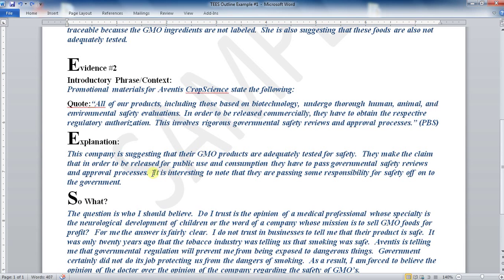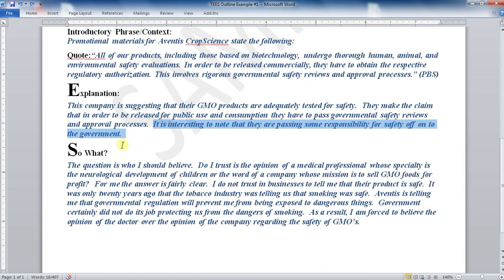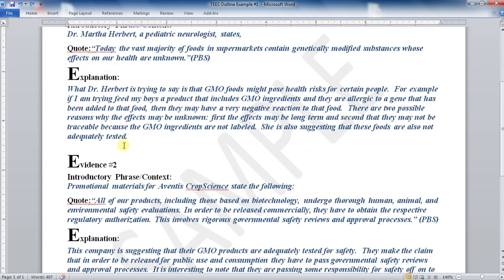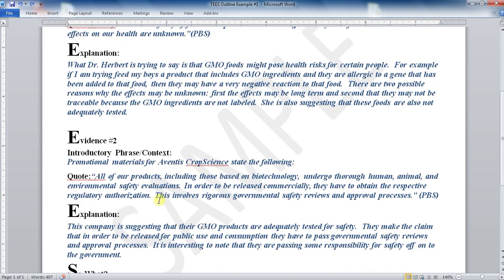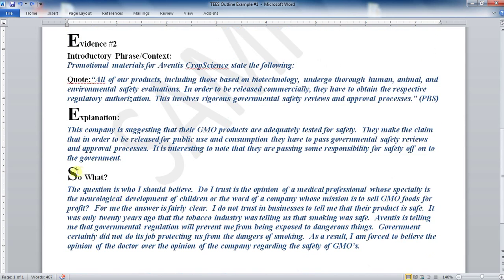And then the last piece of my explanation is my sort of commentary on it. It's interesting to note that they are passing some responsibility for safety off onto the government. So I am not only explaining the quote, but also providing some interpretation of what it suggests or what it means. So I've got my two pieces of evidence now, one from Dr. Herbert, one from Adventist Crop Science, and the last piece is the so what.